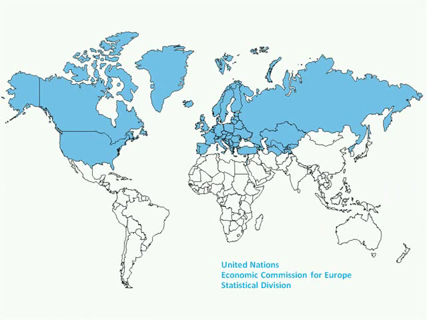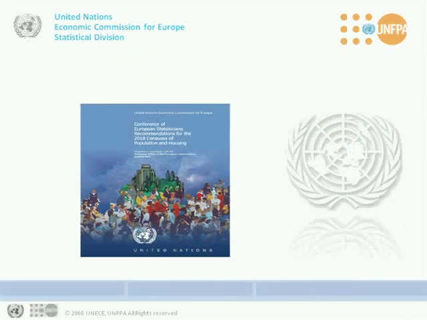In view of the 2010 censuses, the Conference of European Statisticians agreed that for international comparability, the census population count should be based on the concept of usual residence with the 12 months threshold.